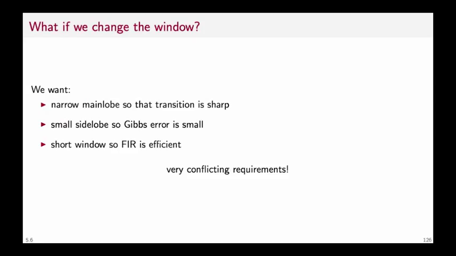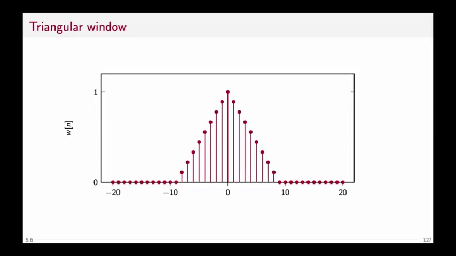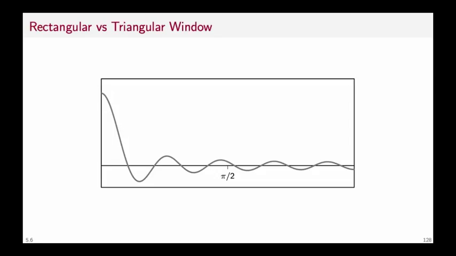There is a large body of literature that is concerned with developing the best possible window in order to approximate an LTI filter. For instance, we have used a rectangular window to truncate the impulse response, but if we use a triangular window, that weights the impulse response and tapers it to zero in a more gradual manner, we will be able to attenuate the Gibbs error at the price of a wider main lobe.